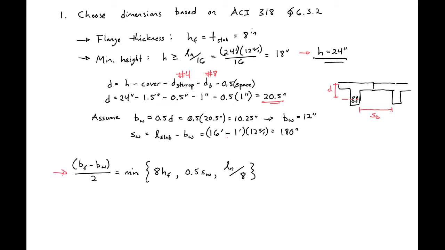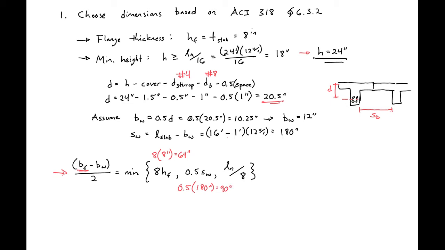So then we're ready to use our ACI expression to determine our flange width. So plugging in our values, we'll have 8 times the height of our flange, which is 8 inches. So this will be 64. We'll have half of the spacing between our webs, so half of 180 will be 90 inches.